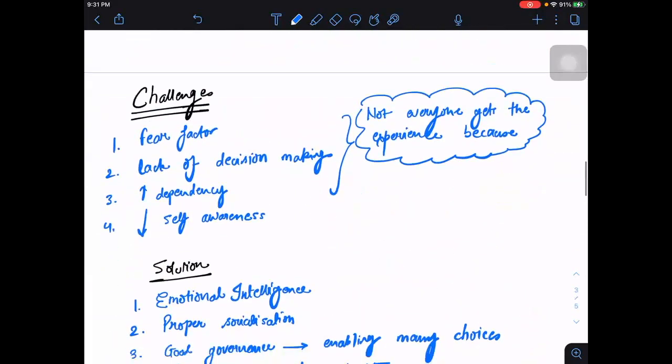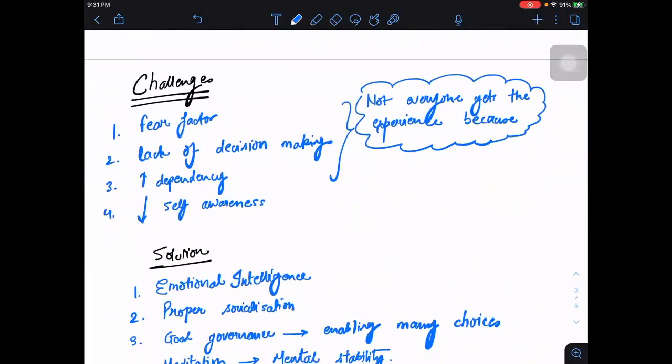Moving forward, talking about the challenges and solutions. Now, in challenges, I again suggest that you try to be ethical in nature. Try to include the challenges of GS4 topics, the ethics portion that you will be reading for mains, right? So what could be the challenges that every person will not get the experience?